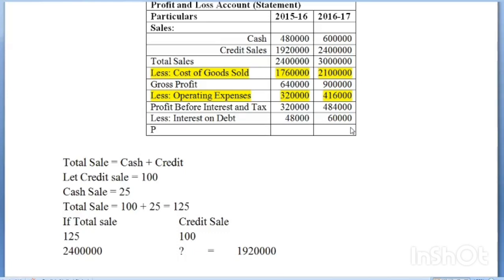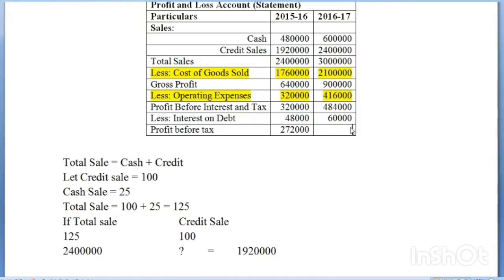So it is called profit before tax. Profit before tax is 320 minus 48, which is 2,72,000.